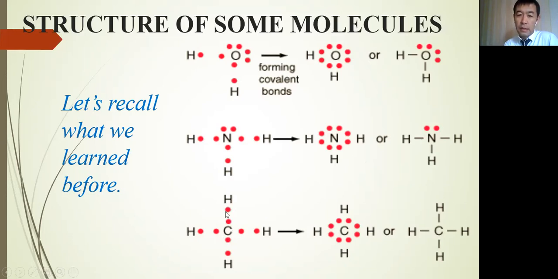So carbon needs 4 hydrogens, and it bonds with these 4 hydrogens. Each bond is 2 electrons shared between carbon and hydrogen. So here carbon made 4 lines, or 4 single bonds. One single bond is made of 2 electrons.